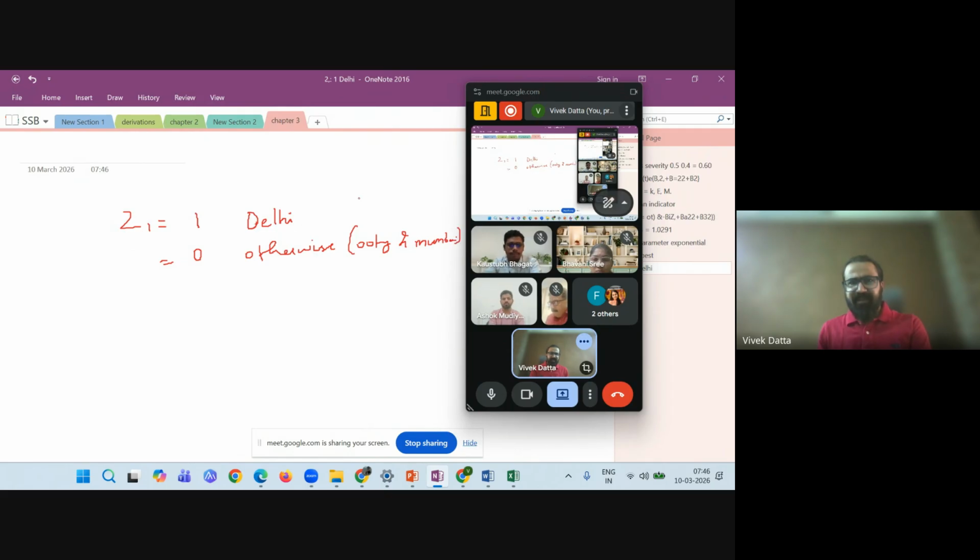And the corresponding beta 1 value I will take as 0.35. Then Z2 I will write as 1 for Mumbai and 0 otherwise. This otherwise has Ooty and Delhi. And this beta 2 value is 0.25.